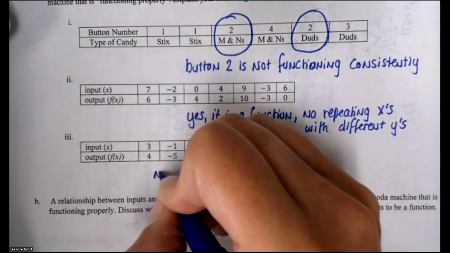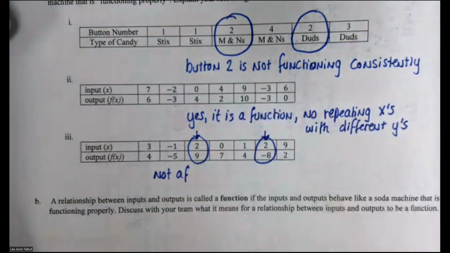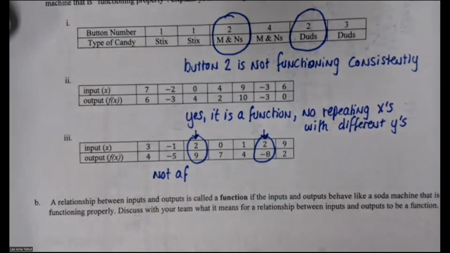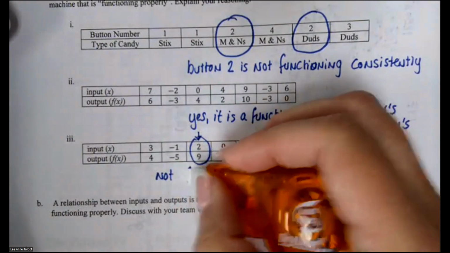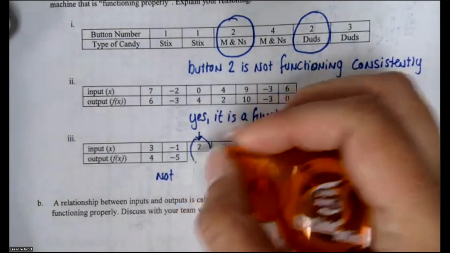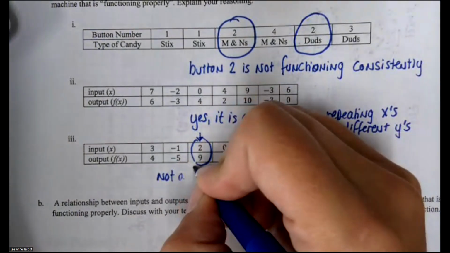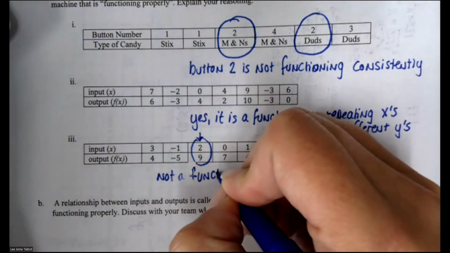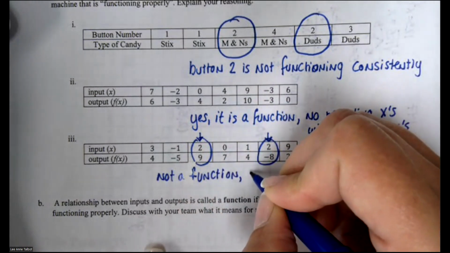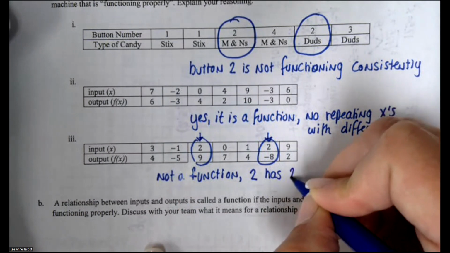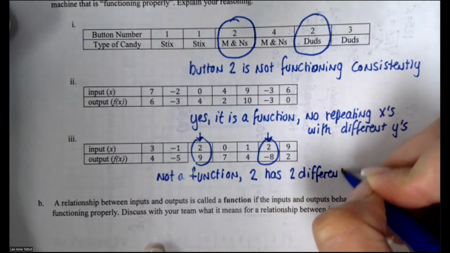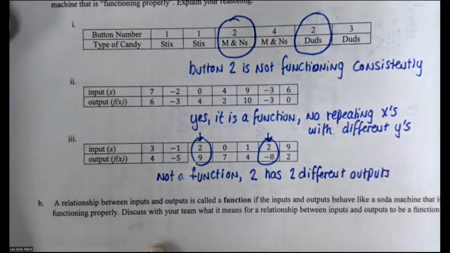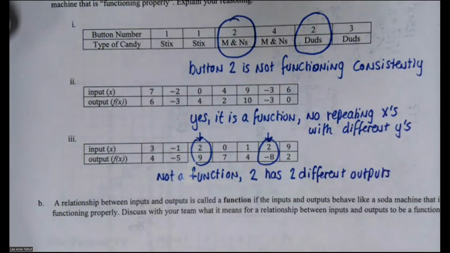So then I say, not a function. 2 has 2 different outputs, which are 9 and -8.